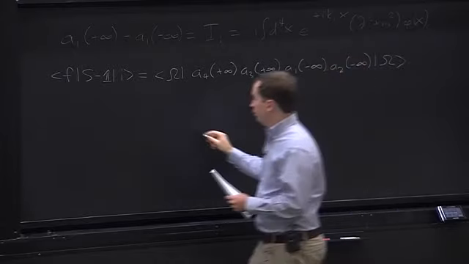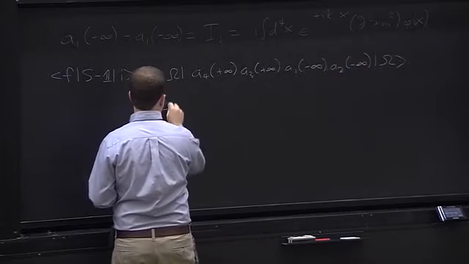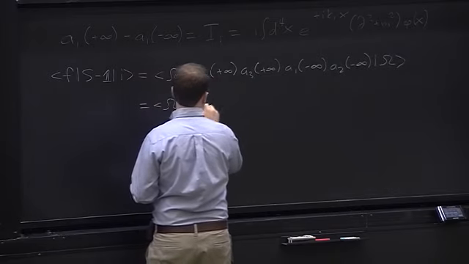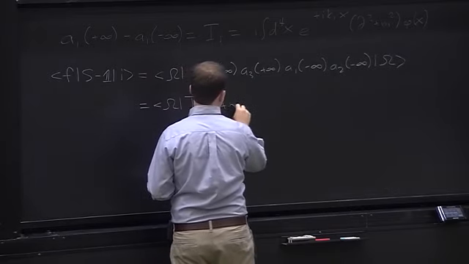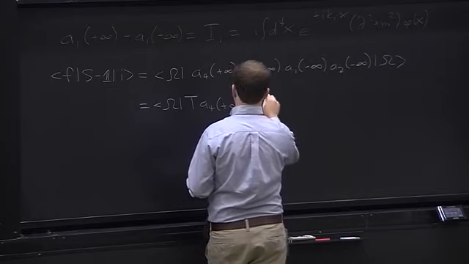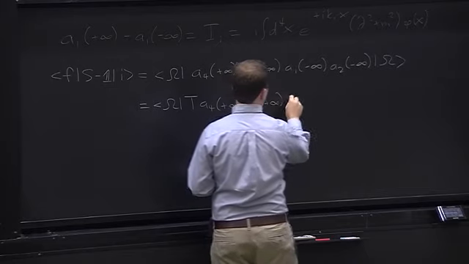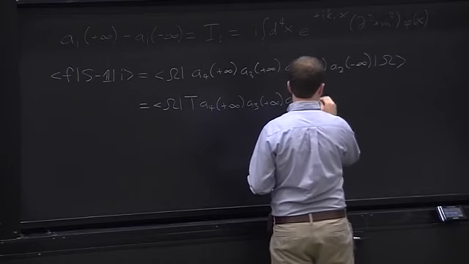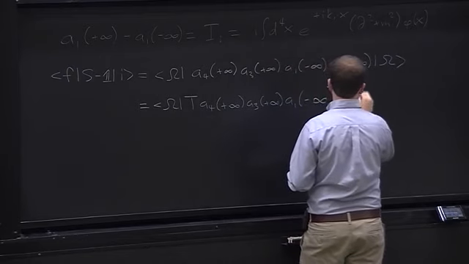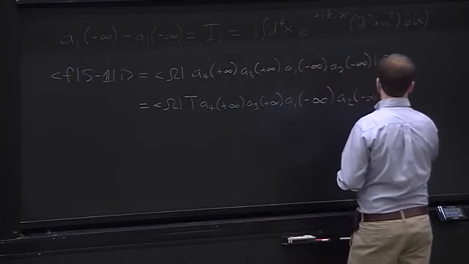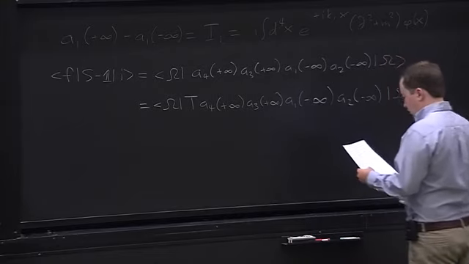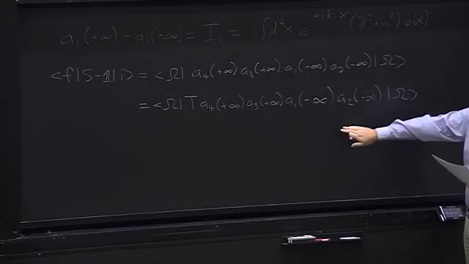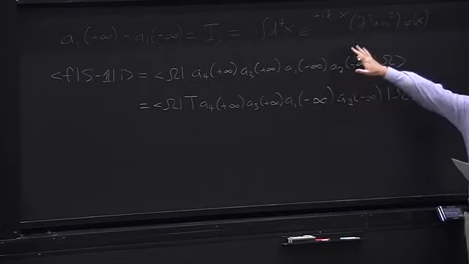So I'm just going to throw in a time ordering symbol. And then I can use our useful identity.